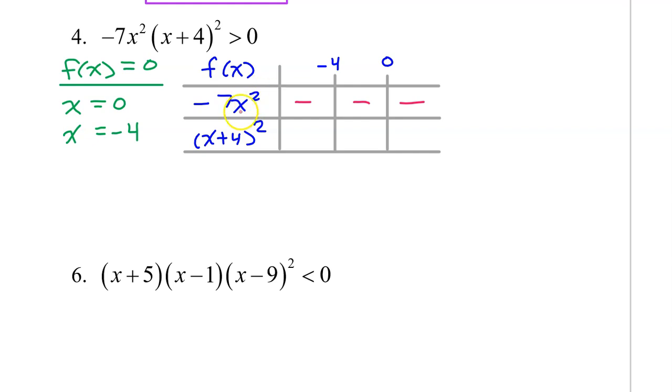But then if I take that positive and multiply by negative 7, then that's going to be always negative. So that's always negative. The next row is going to be all positive, because if you square something, that's just always going to be positive. So overall, that tells me that f of x is going to be negative in every interval.